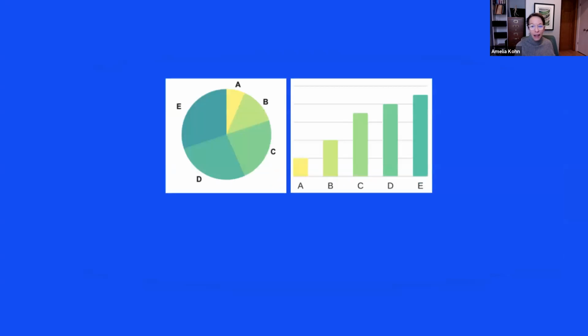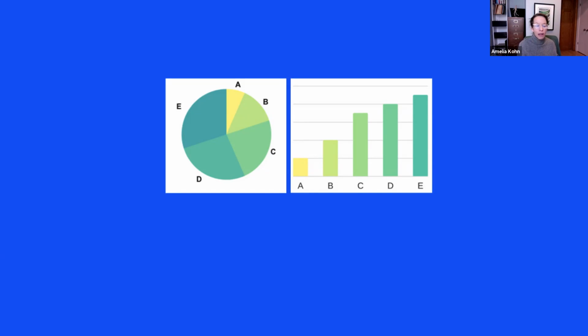Okay, so pies are delicious, but often inscrutable when applied to data. So looking at this image, we are looking at a bar chart and a pie chart showing you the exact same data. But look at them, right? So we can confidently proclaim that the E bar is the tallest in the bar chart. But we'd be hard pressed to pick out which pie slice is largest.